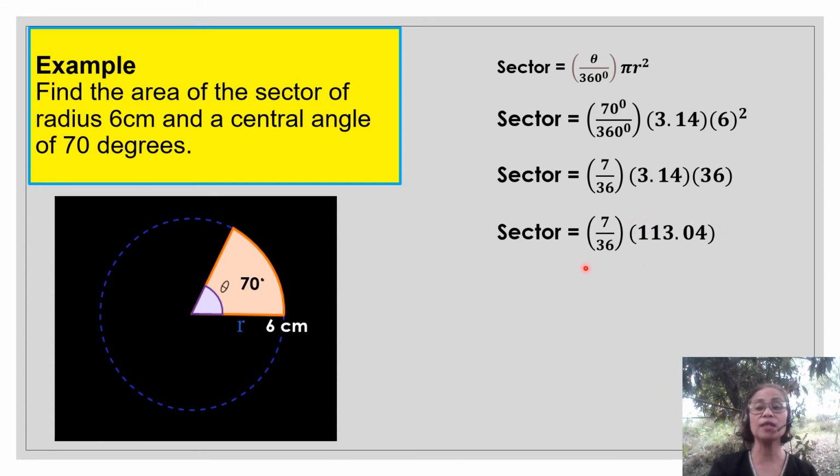But we are only taking the 7 over 36 part, which is represented by the sector. So, multiplying it, we get only 21.98 square centimeters. So, that is the area of the sector in this example.